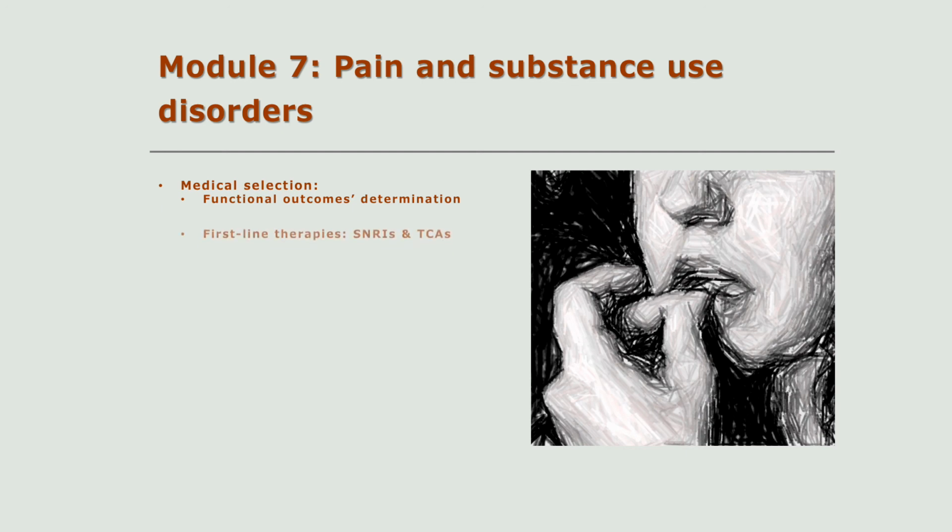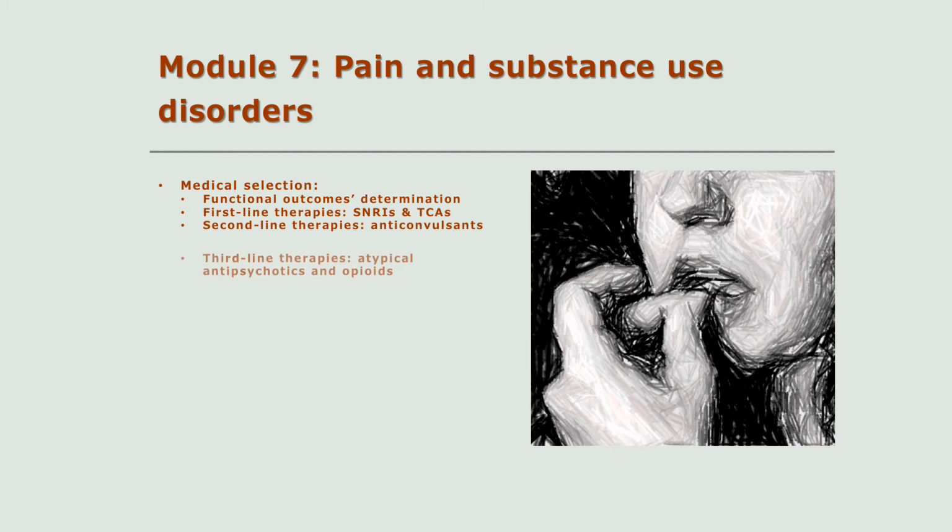Serotonin and norepinephrine reuptake inhibitors and tricyclics are the first line therapies for pain management. Anticonvulsants are considered second line therapies. Atypical antipsychotics and opioids are third line therapies. And whenever possible, serum levels should be optimized.